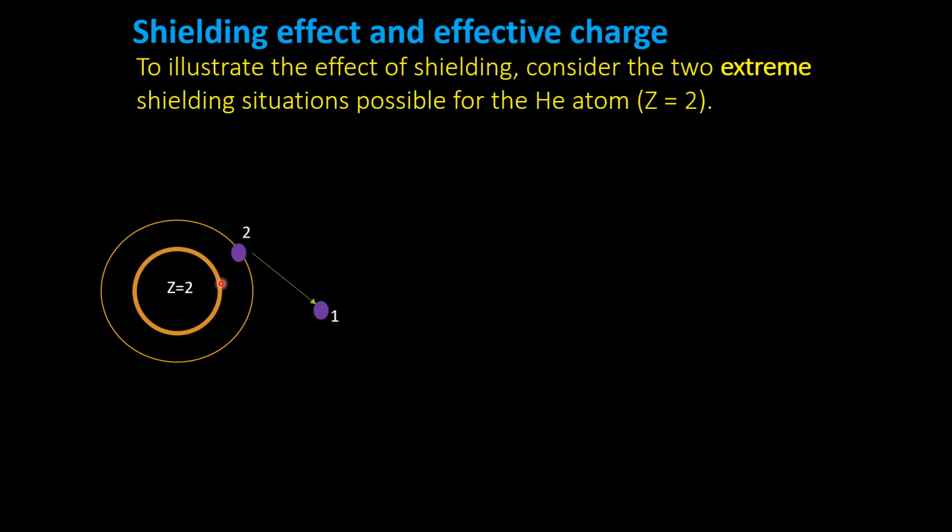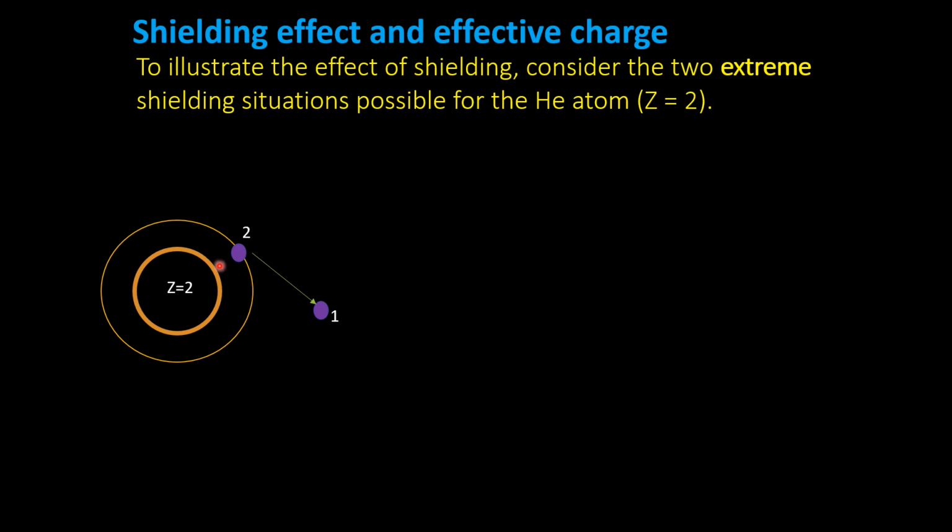When electron 2 is closer to the nucleus, it experiences the full charge of the nucleus, the full force of the nucleus acting on electron 2. Now we are interested in how electron 2 shields electron 1 from the nucleus, or how it shields the nucleus from electron 1.